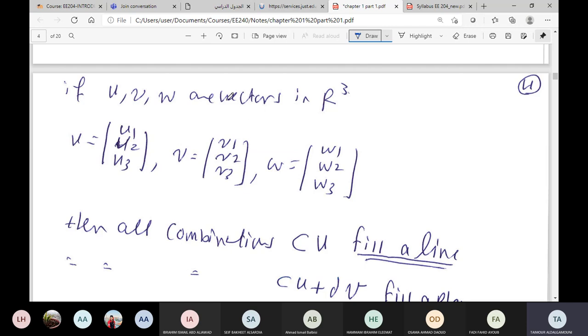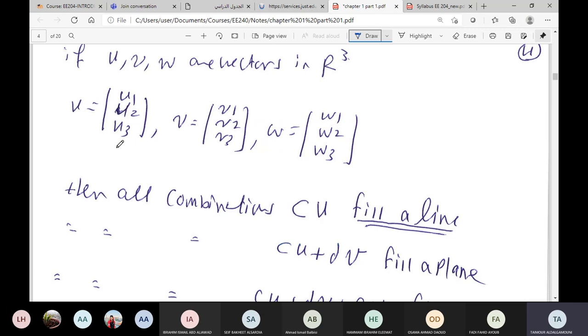Okay, so if U, V, and W are vectors in R3, what do we mean by vectors in R3? That means that U has 3 components, V has 3 components, and W has 3 components, as we see here. Then all combinations CU fill a line. That's what we said, right? If we multiply a vector by a constant, then it will be in the same direction, and we will be moving along a line that goes through the origin.